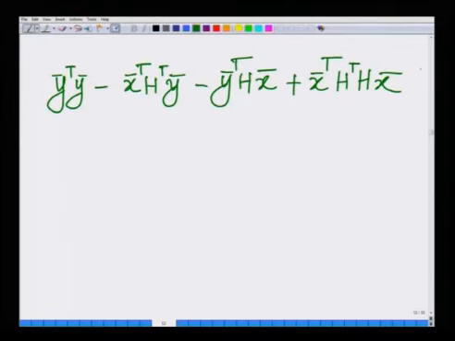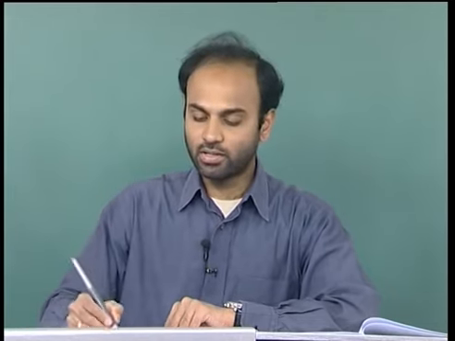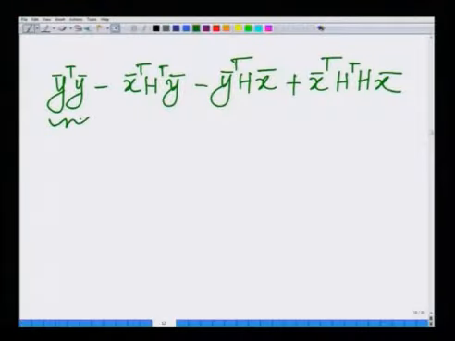Now, let us differentiate each component of this expression with respect to x bar. You can see the first component is y bar transpose y bar, which when I differentiate with respect to x bar is 0. The next component is x bar transpose c, where c is h transpose times y bar.